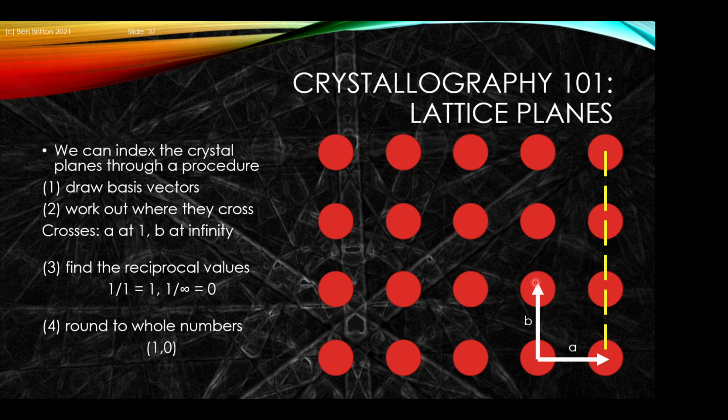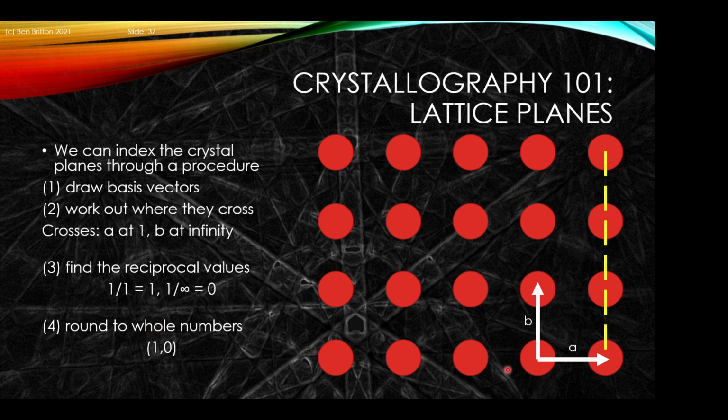I can then calculate the reciprocal of those crossings, so it crosses A at 1, so the reciprocal of 1 over 1 is 1. The reciprocal of 1 over infinity is 0. And I will round to whole numbers. That's important. We'll see that we tend to describe this in terms of the rational indices of the crystal planes. So we'll multiply up to give you a whole number set.